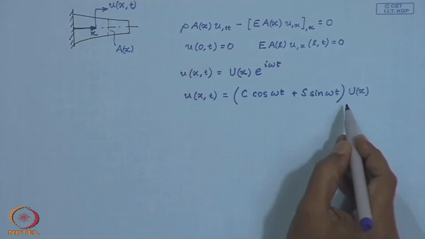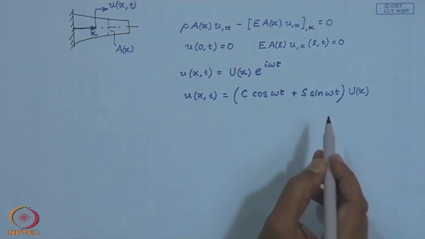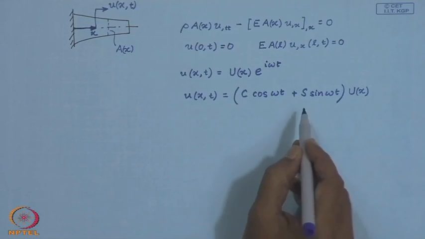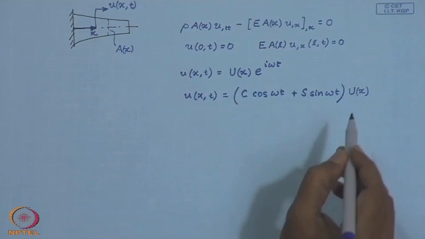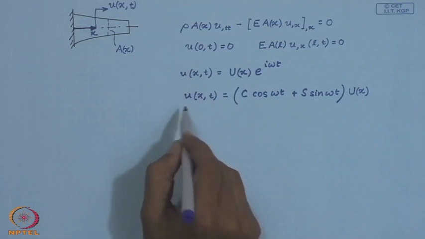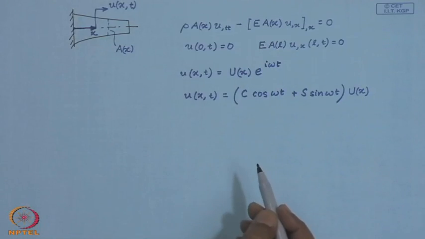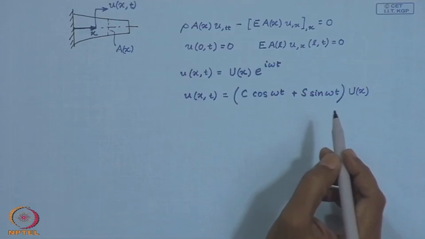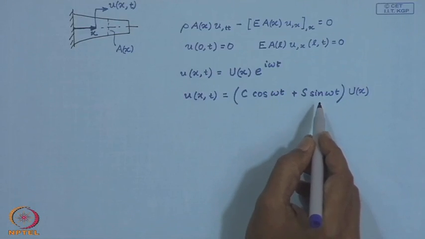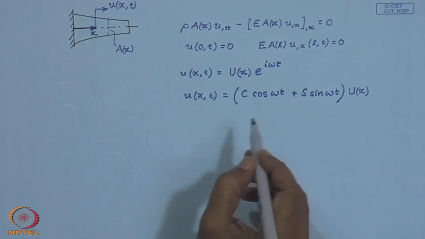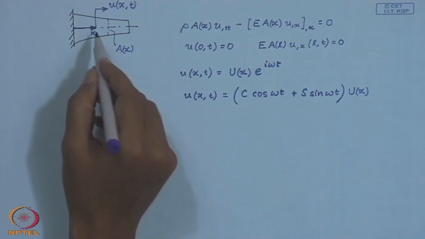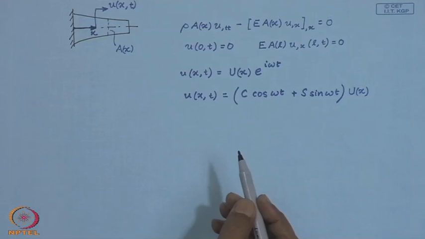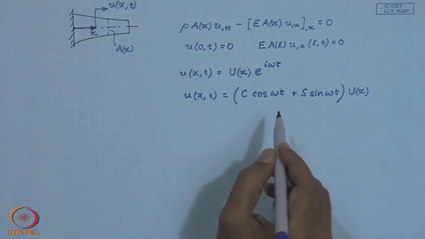Thirdly, all points of the system pass through the equilibrium point at the same time instant. The time instant when this temporal function is 0, the whole solution is 0, which means the bar is in its equilibrium state. Then we observed that phase difference between any two points on the bar is either 0 or pi.